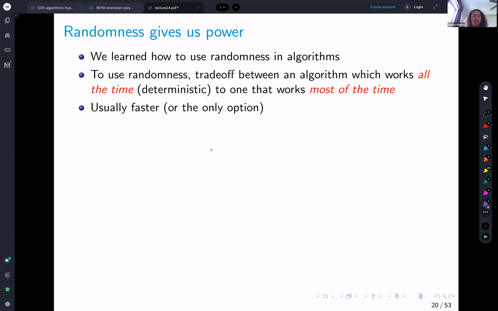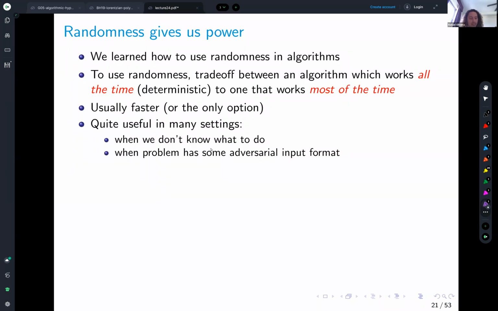Okay. And we also saw that this is quite useful in many settings, right? So what are these settings where randomness is useful? Well, one setting is when we don't know what to do deterministically, then we definitely need to use randomness just to make sure that we get somewhere. And a different setting is when the problem has some adversarial input format.